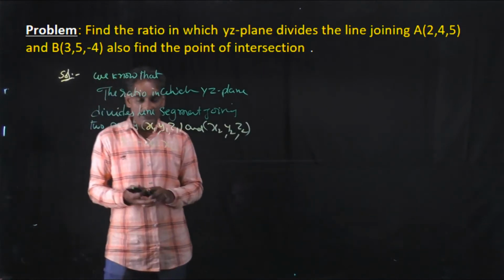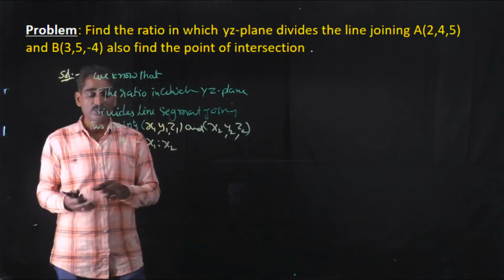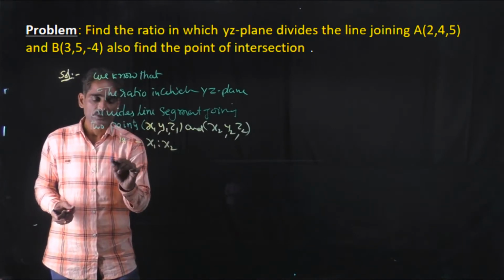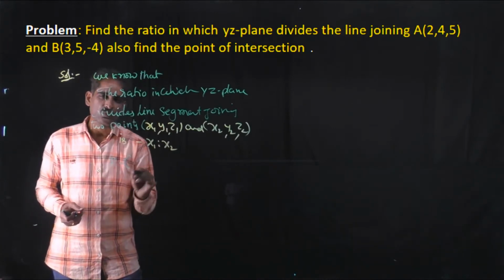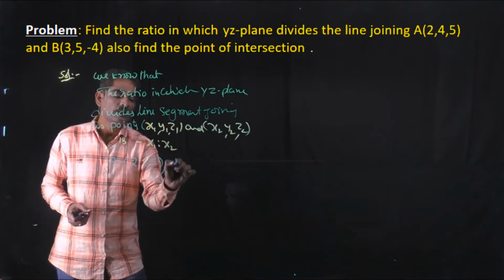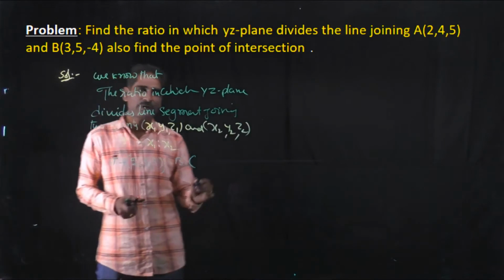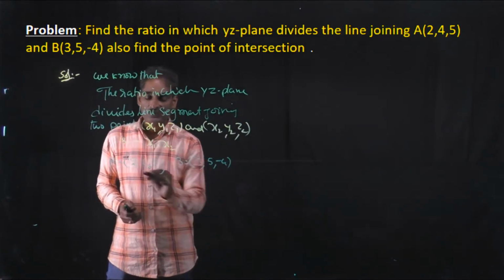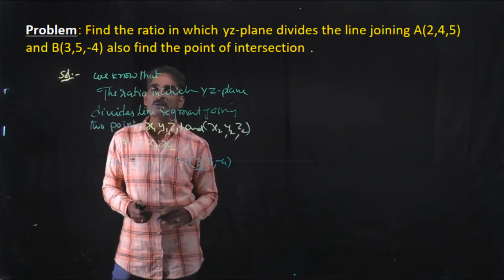Here, what are the given points? A is (2, 4, 5) and B is (3, 5, minus 4). Here this is x1, let us take this equal y1.